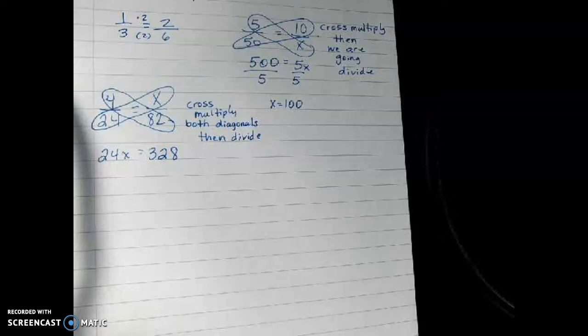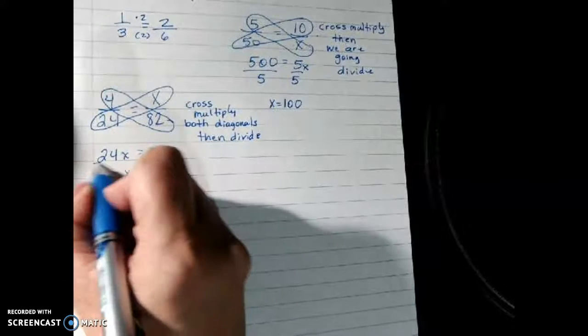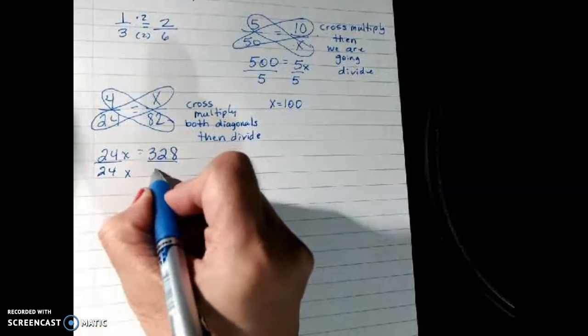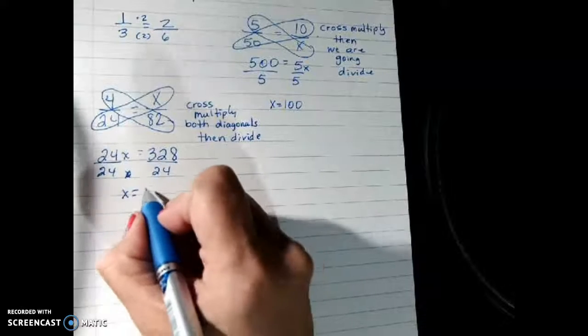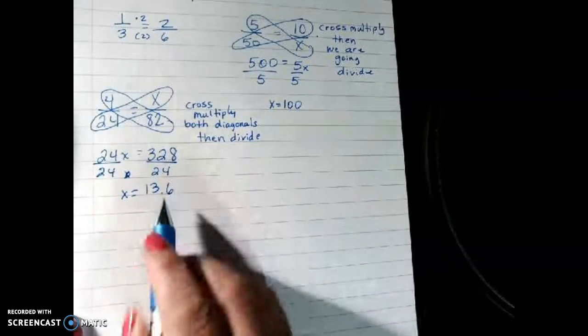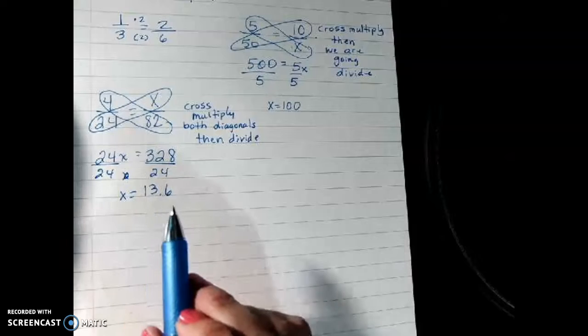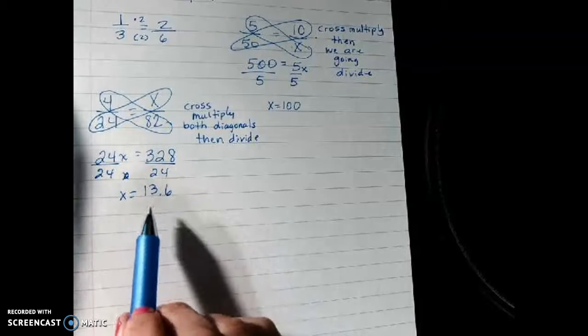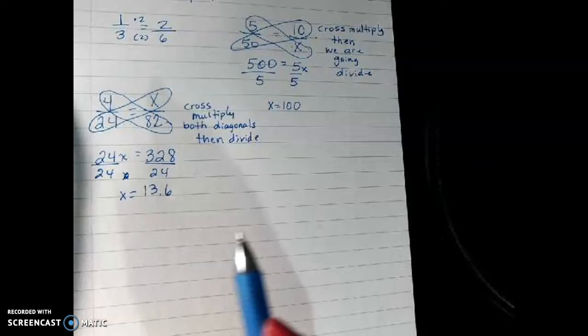All right, x, once I divide the 24, I divide it this way to get x by itself. So x equals 13.6. I can get decimals. It's not wrong to get a decimal. Okay, let's do another one.